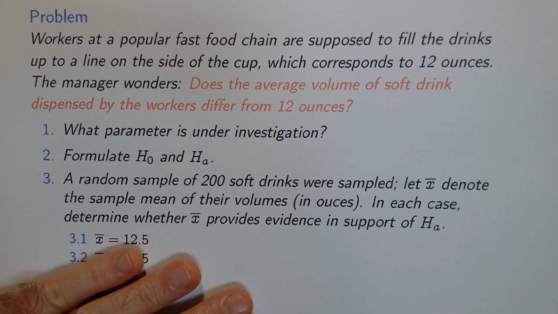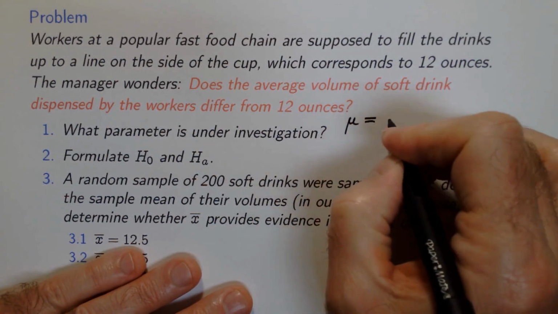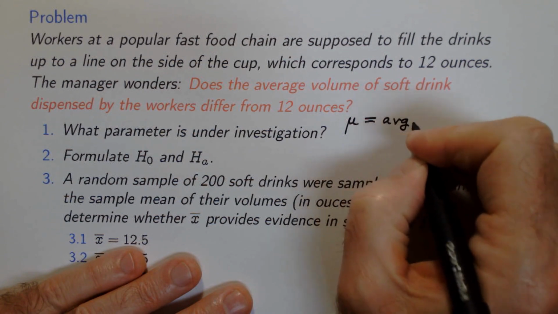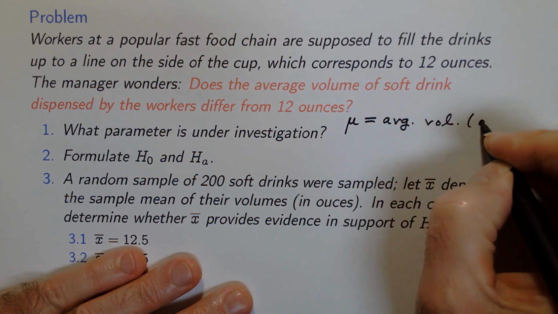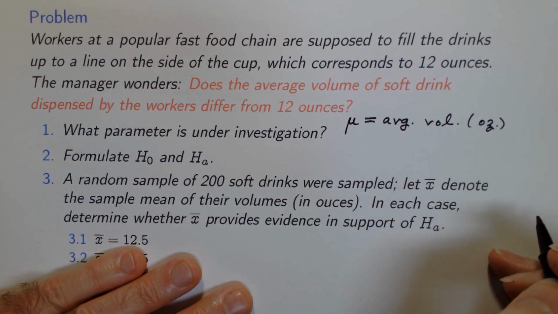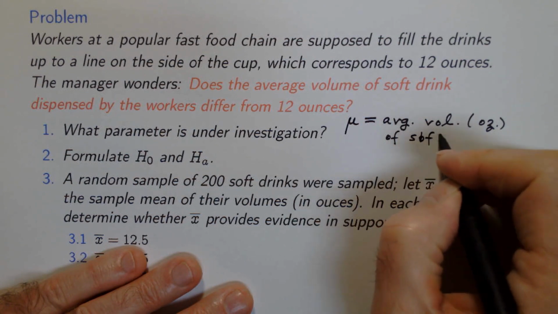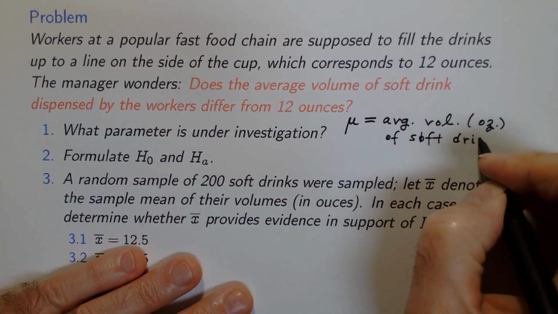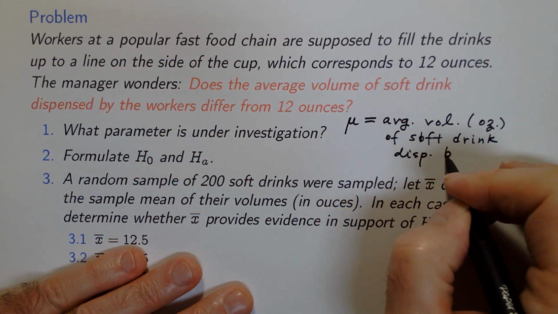What the manager is concerned with, the population parameter of interest in this case, is a mean, mu, which we can say is the average volume, in ounces, of soft drink dispensed by the workers.